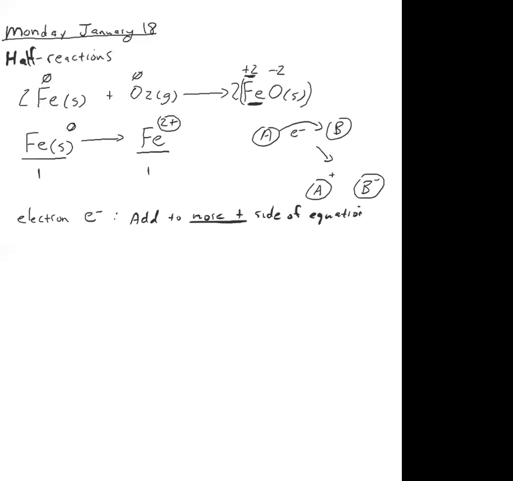This equation has a 0 charge on the left side, and it has a +2 charge on the right side. So this is the more positive side, right? Because it's got a positive here. So what you do is you add the electron to that side, and then the number that you add is just how different are these charges. There's a difference of 2, right? +2 is different from 0 by 2. So you just add 2 electrons to the more positive side.